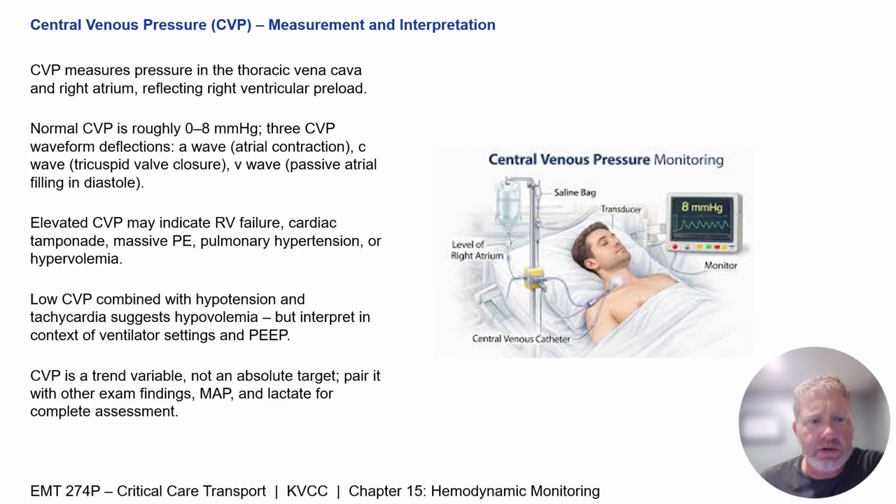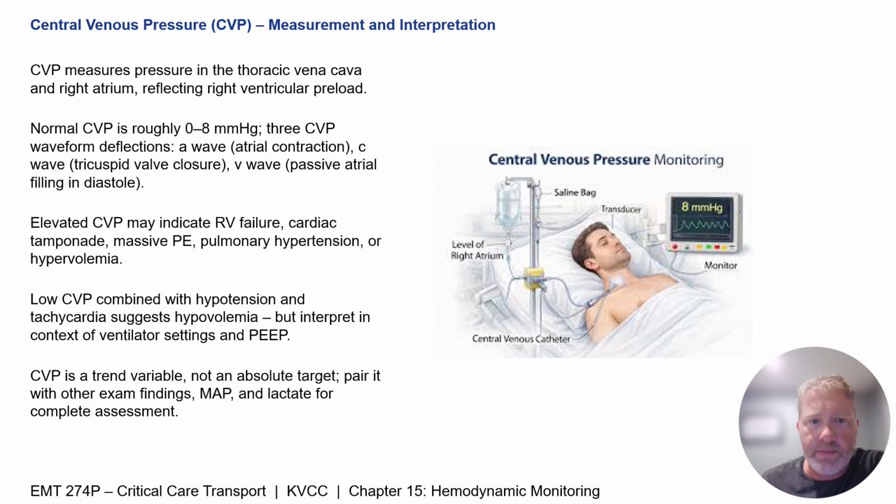Let's switch gears and talk about central venous pressure, or CVP, specifically the measurement and interpretation. Central venous pressure reflects pressure in the thoracic vena cava and the right atrium, and it's used as a rough estimate of right ventricular preload. The waveforms on the monitor correspond to atrial contraction, tricuspid closure, and atrial filling.